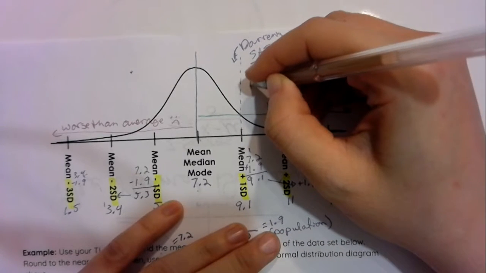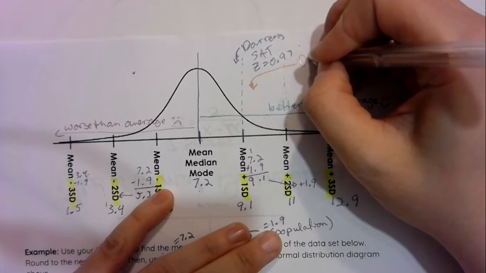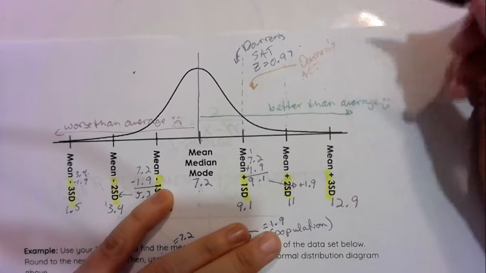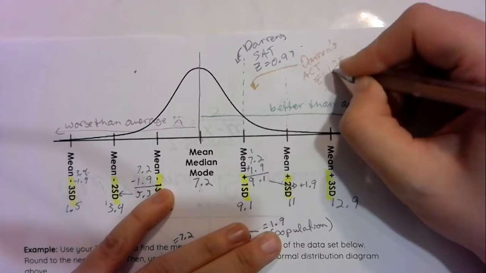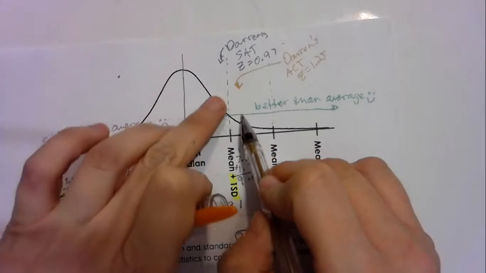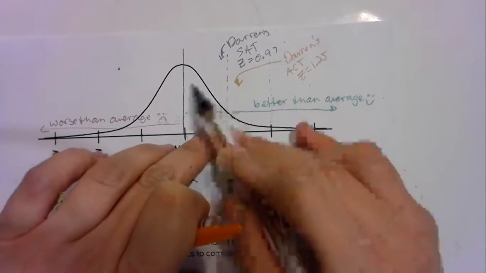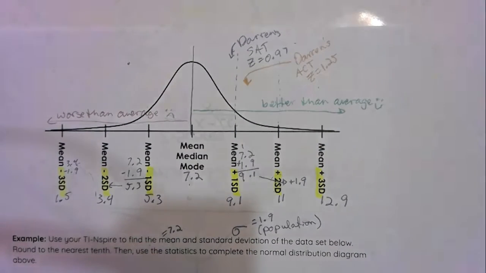So kind of like right about here, that's Darren's ACT score with a z value of 1.25, a z-score of 1.25. So his ACT score is further along compared to the average than his SAT score. So actually he did better on the ACT.